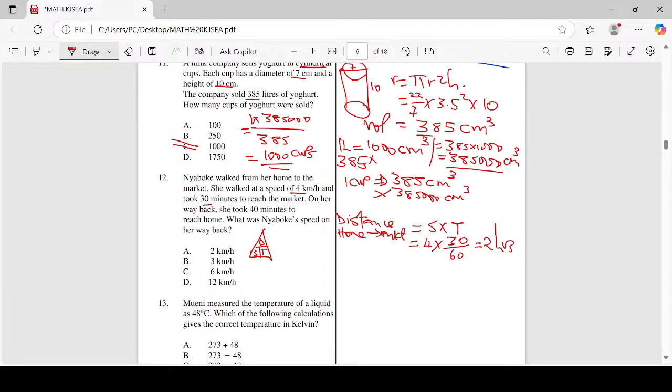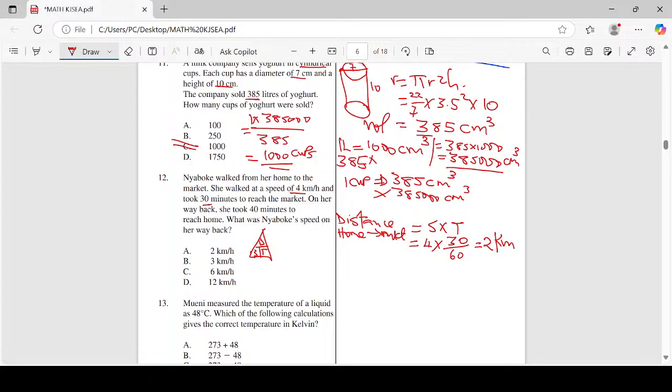Sorry, not 2 hours, 2 kilometers. Apologies for that. So the distance from home to the market is given by the speed, 4, times the time, 30 over 60, giving you 2 kilometers.